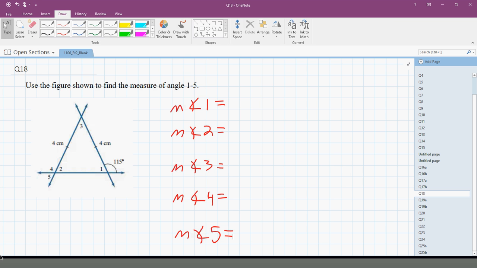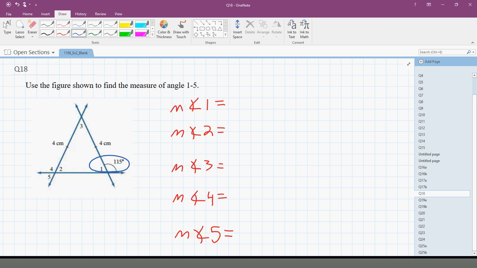Then everybody else, you can go in whatever order you want. Angle 1 is not 115. The outside angle over here is, but is there a relationship between these two? Yes, there is. If there wasn't a relationship between those two, we would be sunk in this problem.